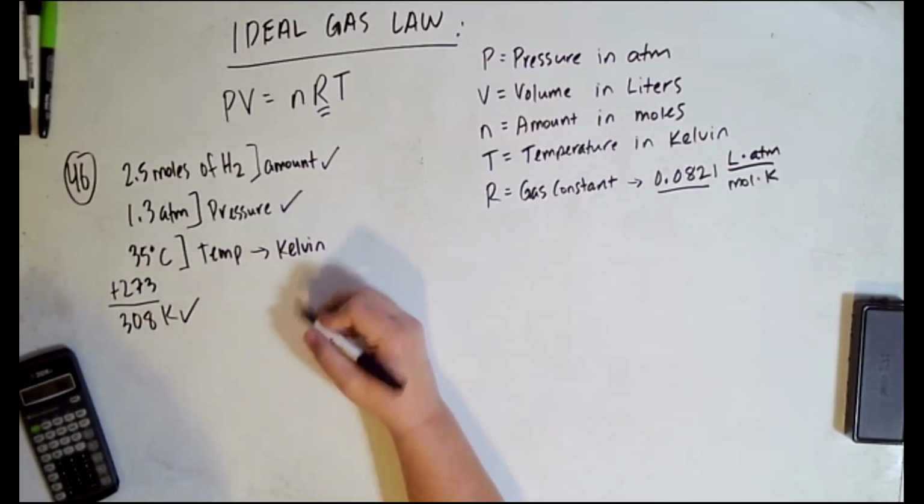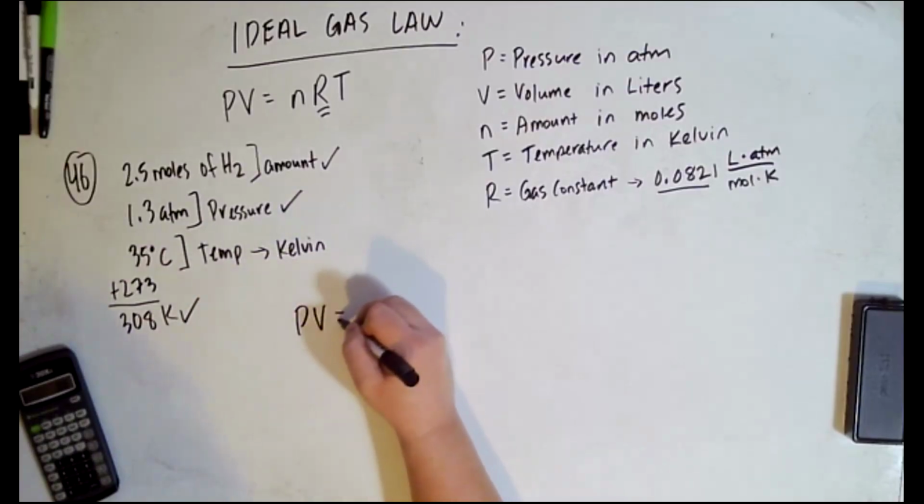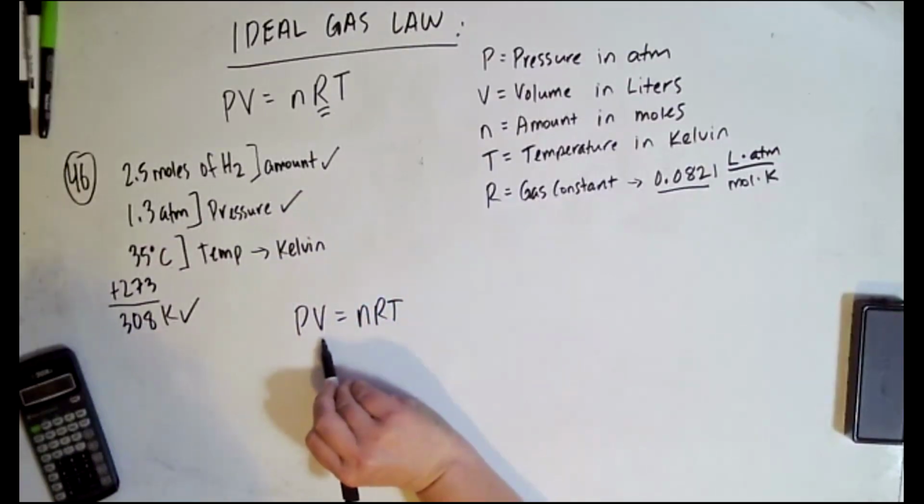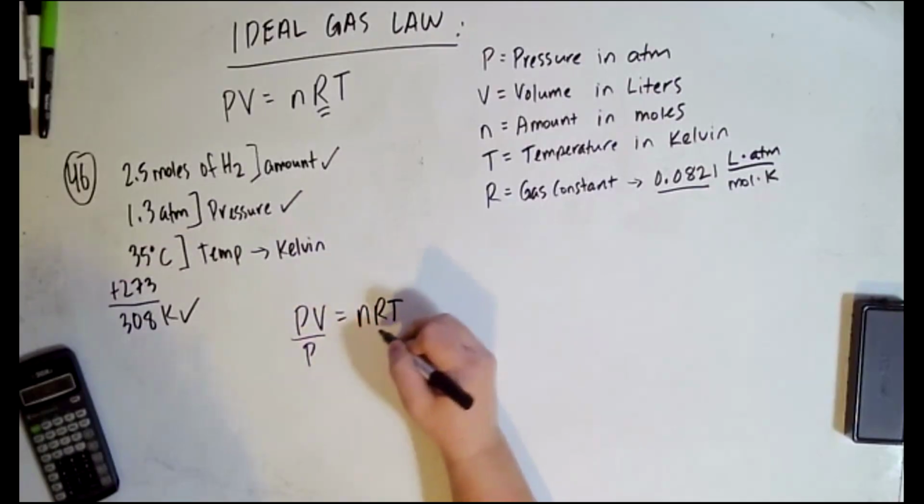So we've got PV equals nRT. And if we're going to solve it for volume, then we're going to divide both sides by pressure.